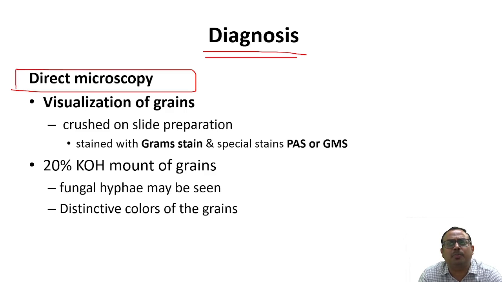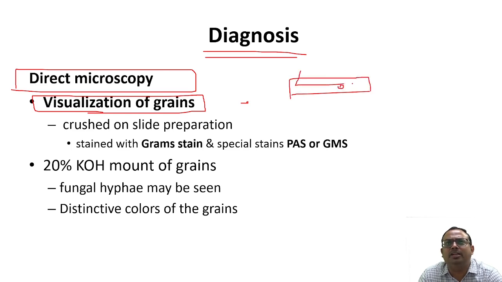It is quite easy to directly visualize the grains, because the diagnosis is made by visualization of the grain. How is it done? The grains are collected and crushed between two slides, and then visualized by performing some stain.